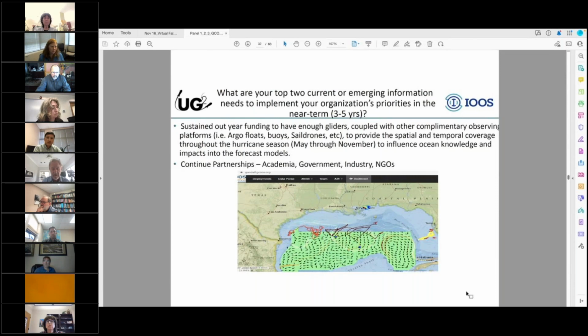But the key thing here, and I'll put a link to where you can join UG2 if you're not a part of that, is the information sharing that needs to take place to be able to accomplish missions like this in the Gulf of Mexico. I think that's it.